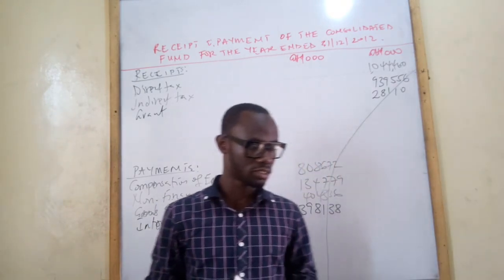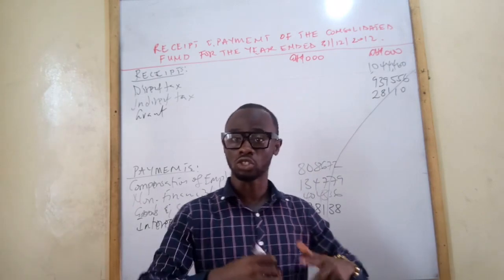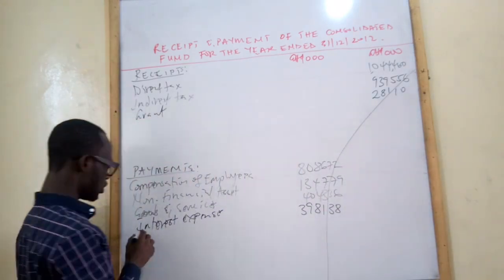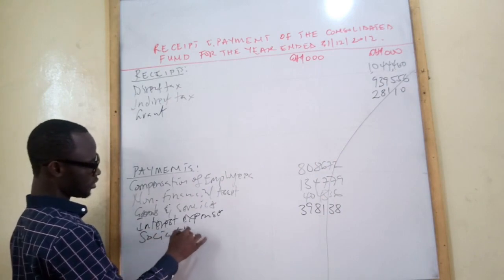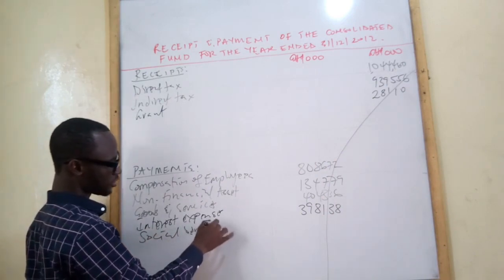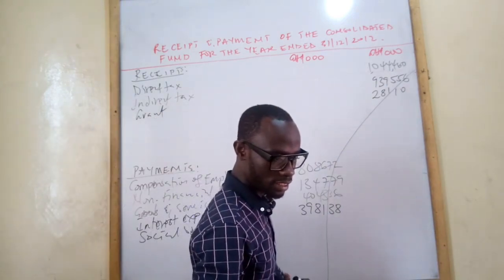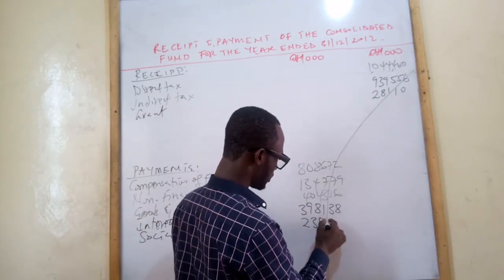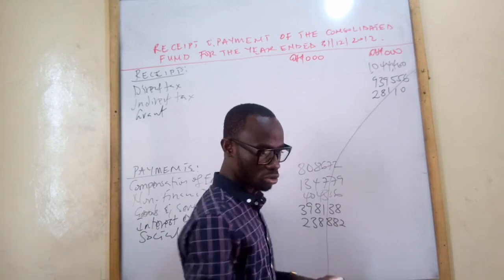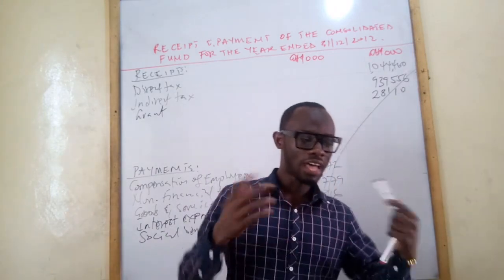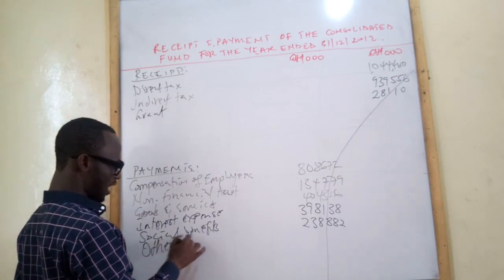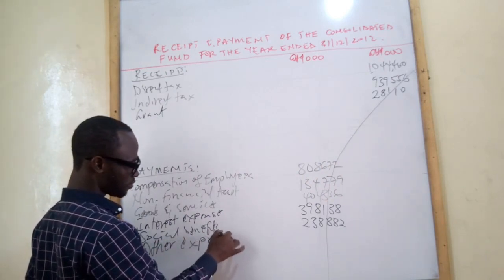Social benefits. Social benefits is also an expenditure, okay, that we undertake on the consolidated fund. So social benefits, and so that is 238,882. Then other expenses. Other expenses means payments.